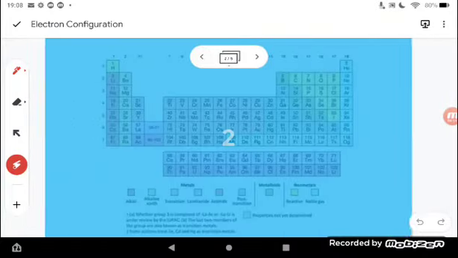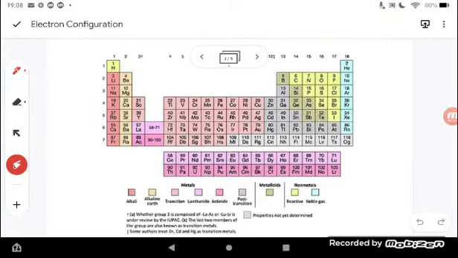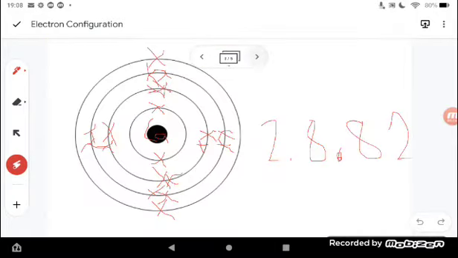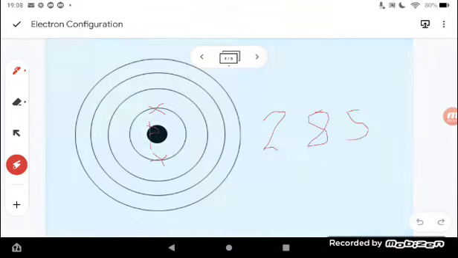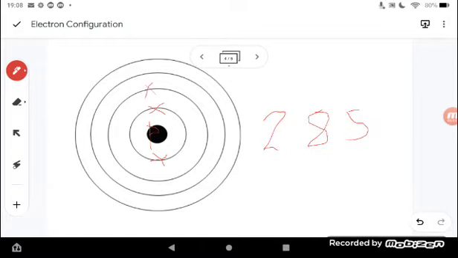We'll go back. The next shell has got 1, 2, 3, 4, 5, 6, 7, 8. Funnily enough, that period has got 8 elements in. So I'm going to fill up and put an electron for each element in that period on that row. And I fill up that shell.